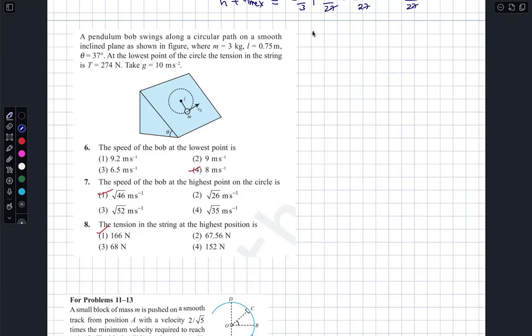So in his vertical circle, in the place of G, you have G sin theta in this plane.